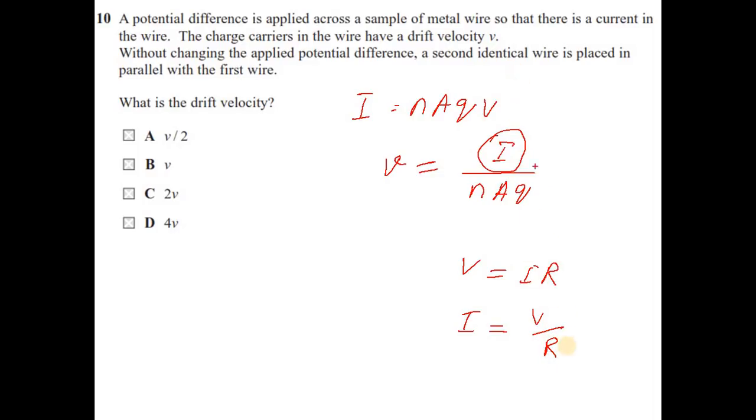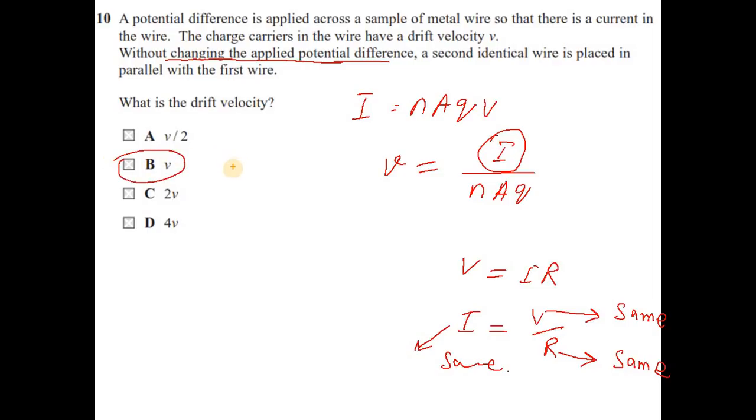Wires are identical, so resistance is the same, and they are not changing the potential difference applied across each wire, so V is also the same. That means current remains the same in both conductors. If current remains the same, then drift velocity does not change. So option must be B.